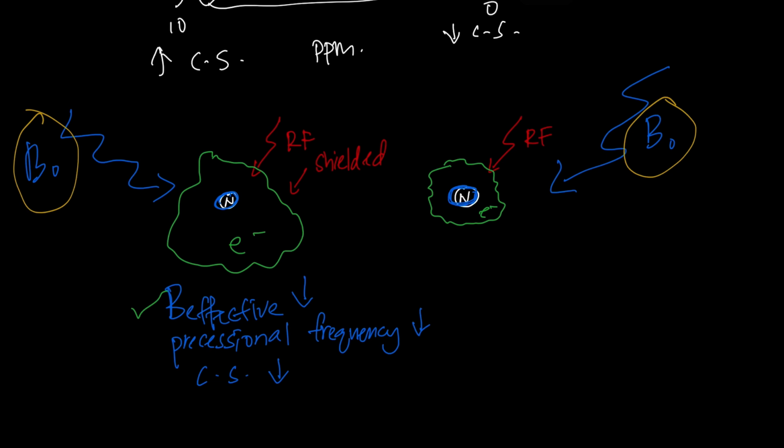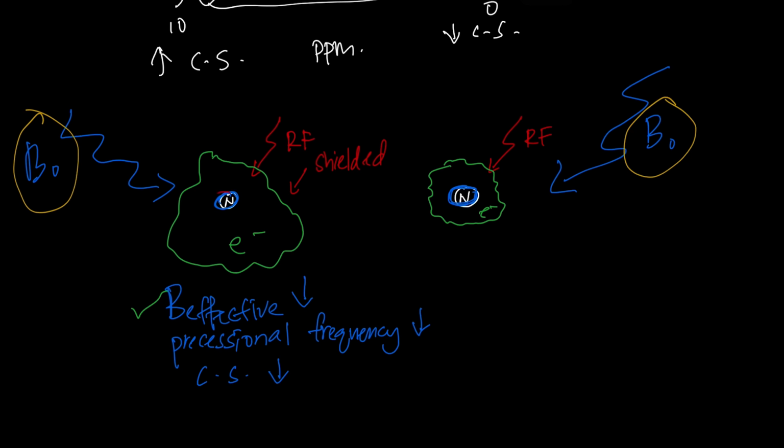So when the nucleus is shielded by a thick electron cloud, the effective magnetic field is weaker or lower. I repeat again, the effective magnetic field is the magnetic field that is experienced or felt by the nucleus.